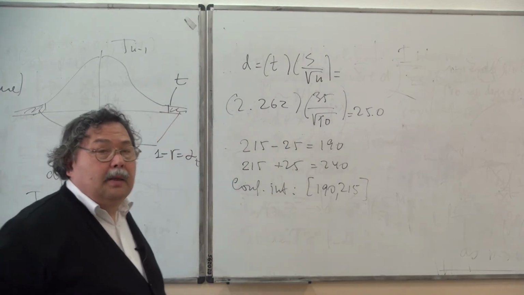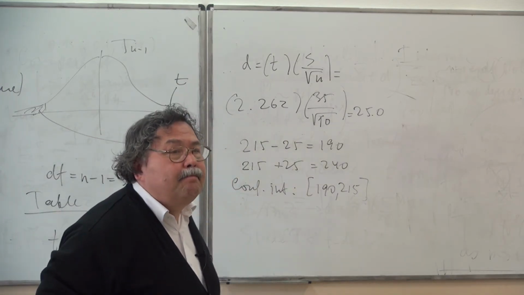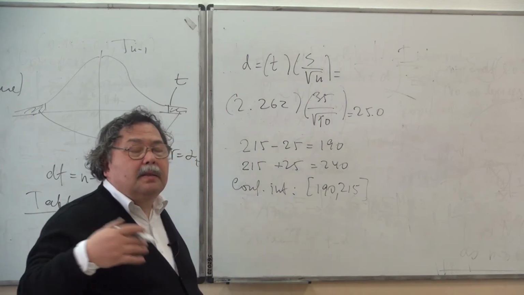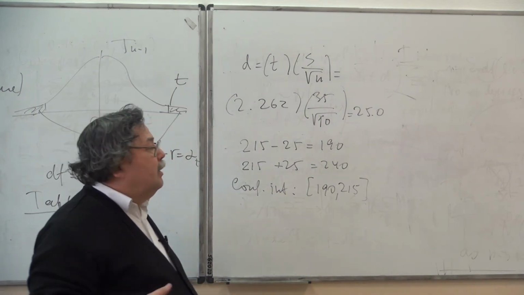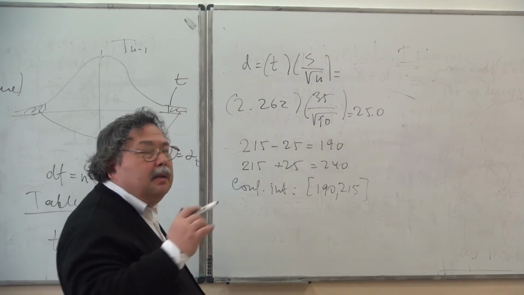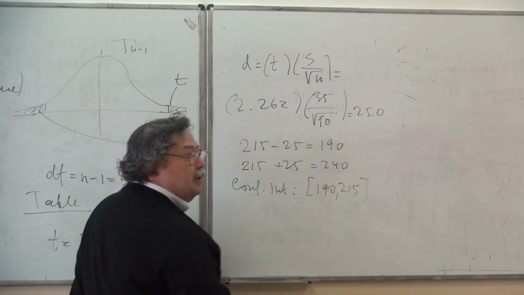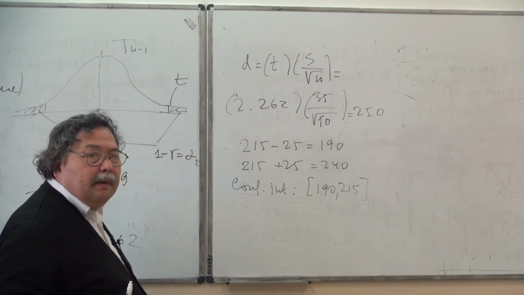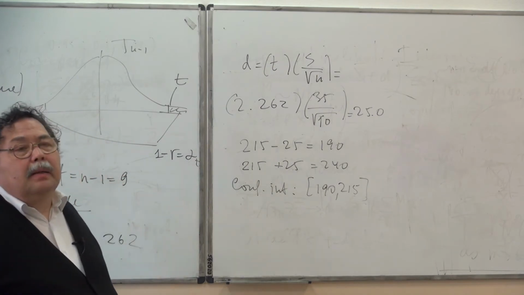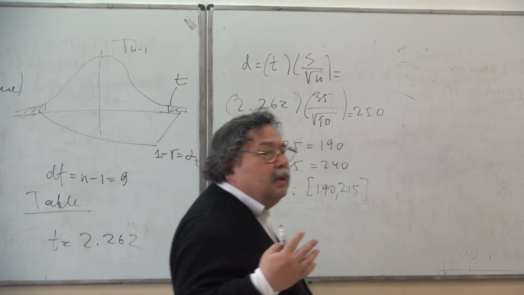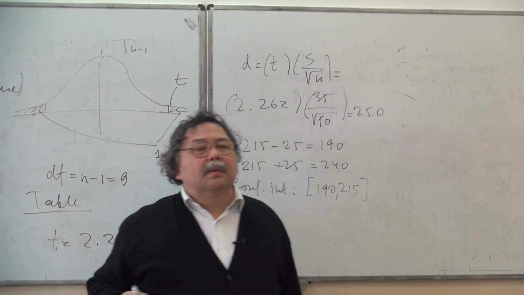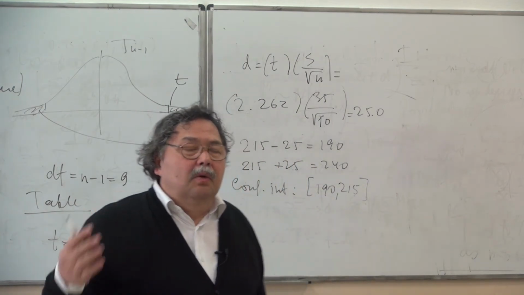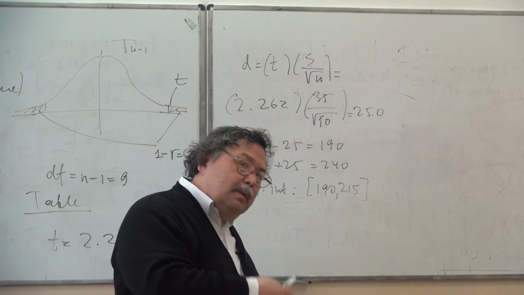And again, the interpretation is this. If we conduct the same research many times, then 95% of the time, the true value of the mean will be captured by this kind of interval. Now let's ask ourselves this question. Would it be a big mistake to use the normal distribution instead of the t distribution?